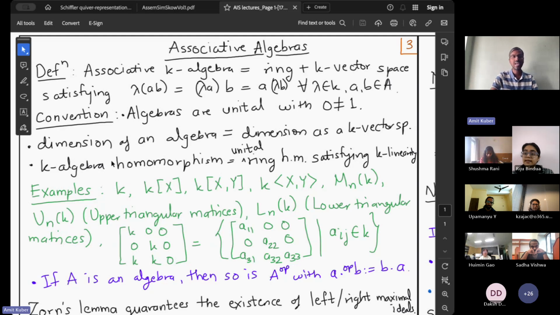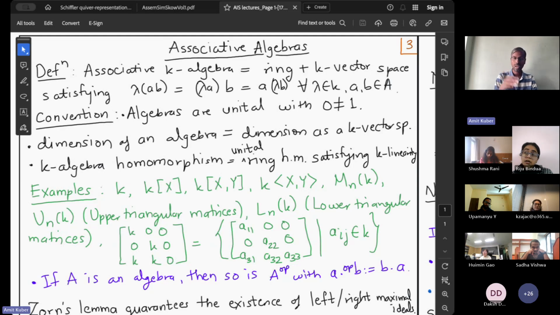These are some simple enough examples. K[x] is the polynomial ring in one variable. Then K[x,y] is the polynomial ring in two commuting variables. And K<x,y> is the polynomial ring in two non-commuting variables.